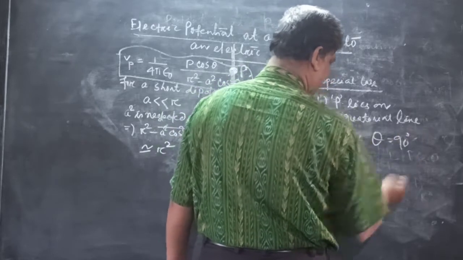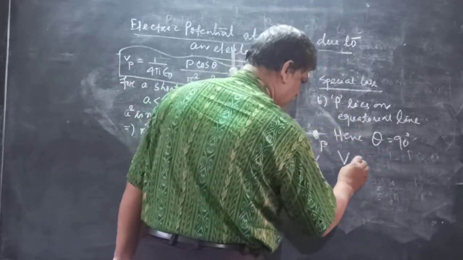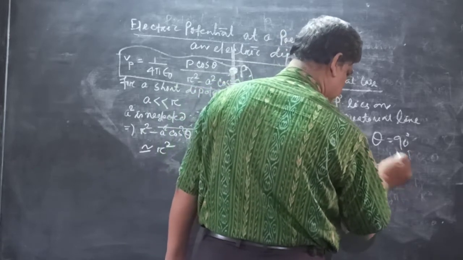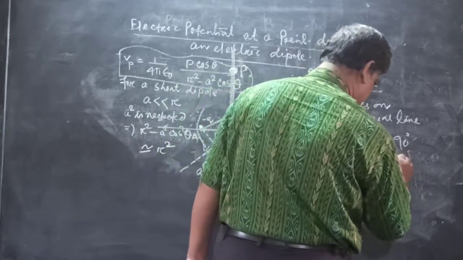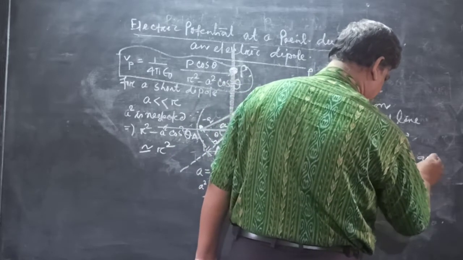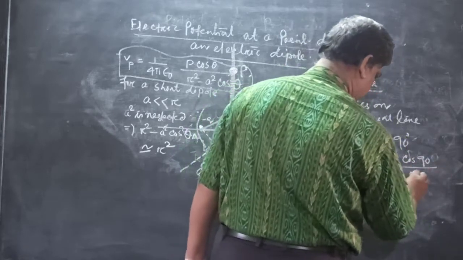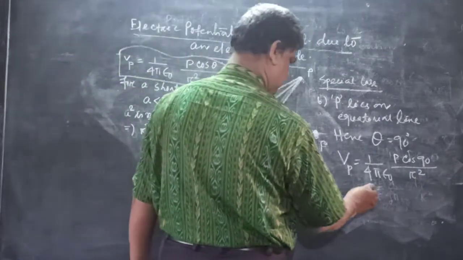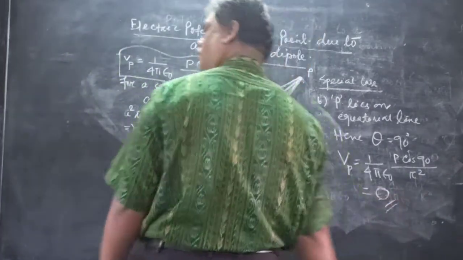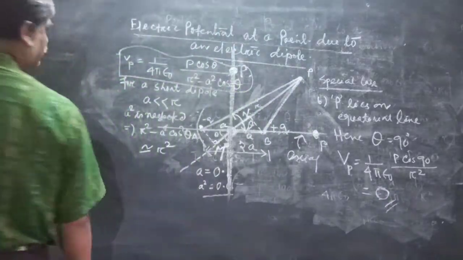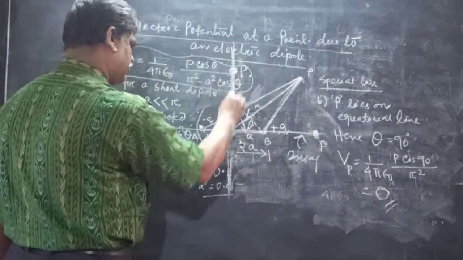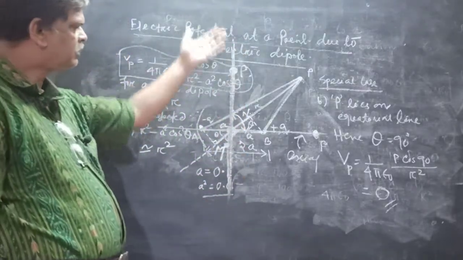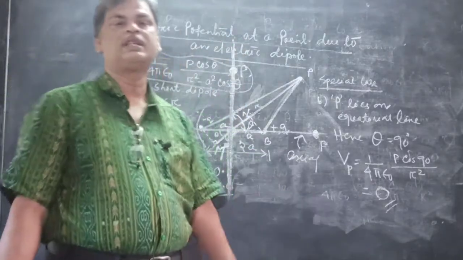If theta is 90 degree, then what is the potential? Now 1 by 4 pi epsilon 0 P cos 90 divided by r square. Cos 90 is 0, so this is equal to 0. Then what do you mean? The potential at any point on the equatorial line, anywhere on the equatorial line, is 0.